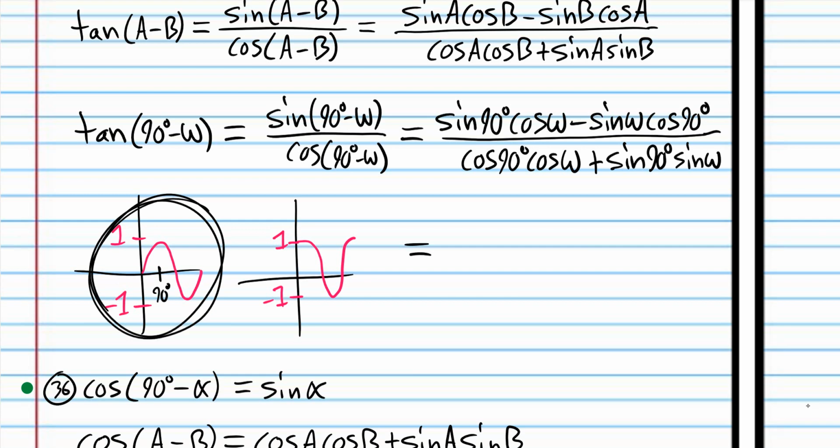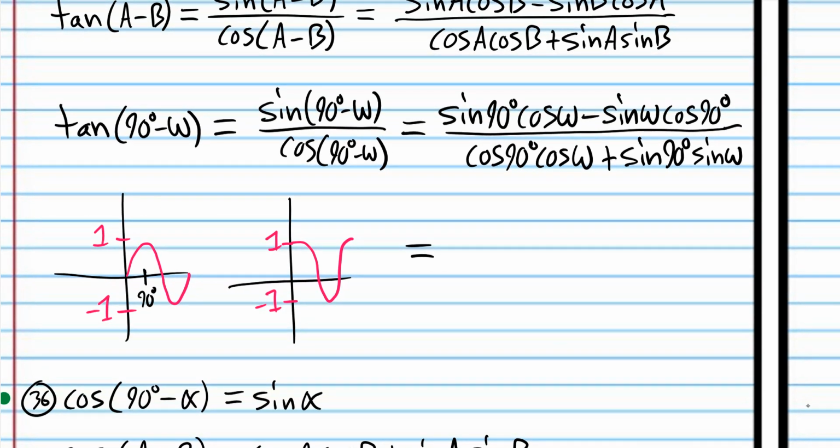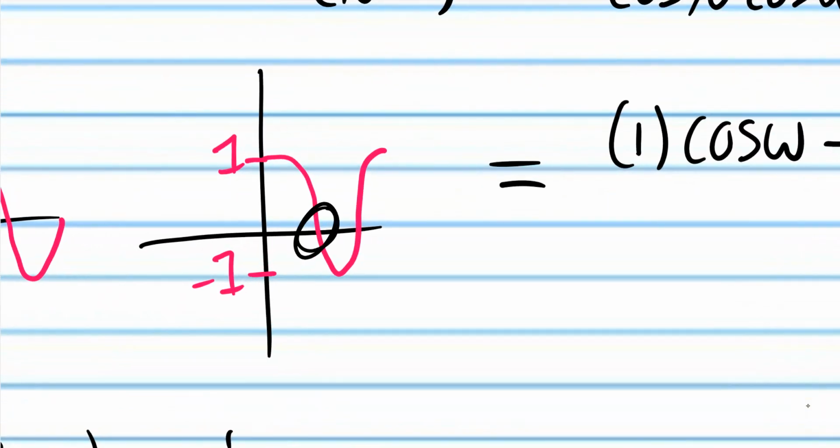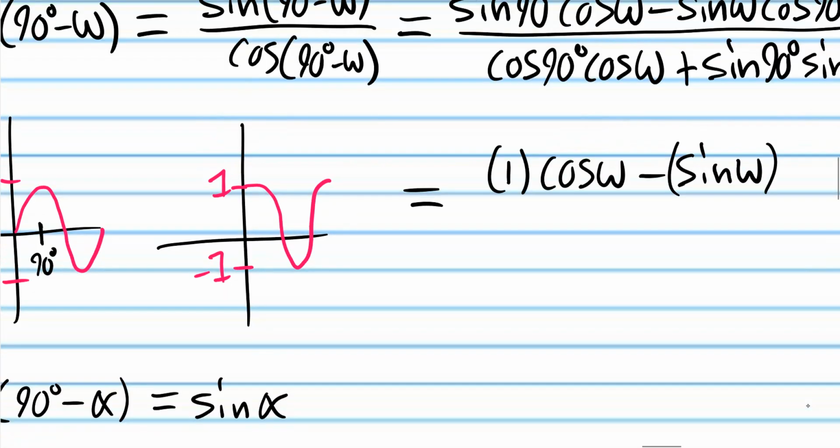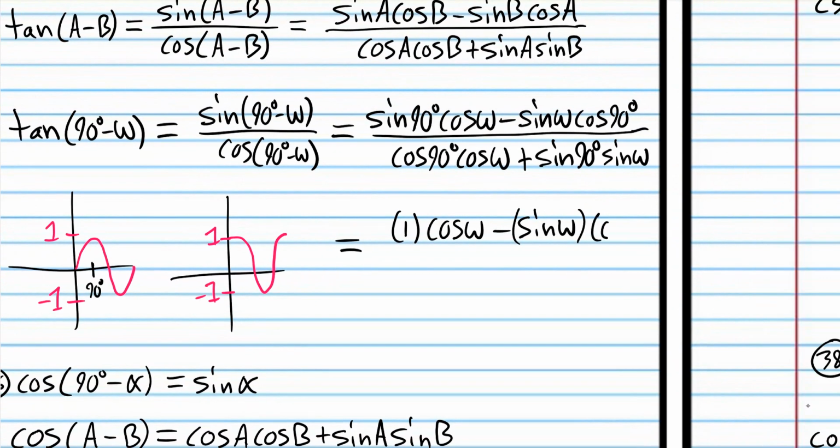In 90 degrees, sine is 1, and cosine 90, that's going to be here on your cosine curve. Cosine 90 is 0 if you have that curve right in front of you. So we already found cosine 90 is 0. We already found that sine 90 is 1.